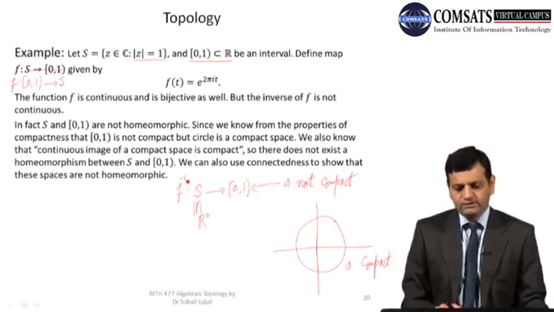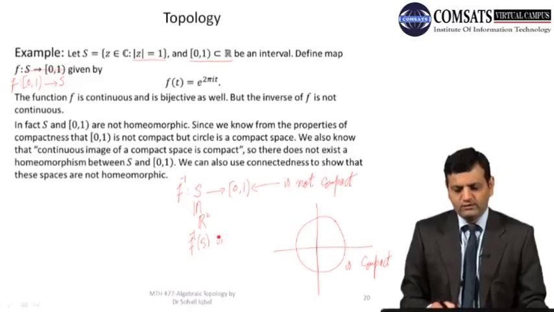So if f inverse is continuous, then we know that the continuous image of a compact set is compact. So the f inverse of S should be compact. But we know that f inverse of S is not compact because 0, 1 is not a compact set by the Heine-Borel theorem.